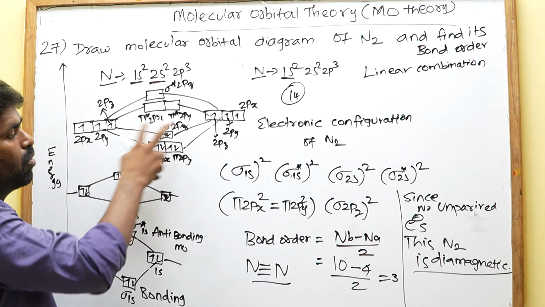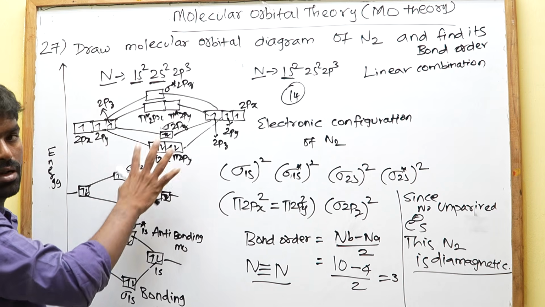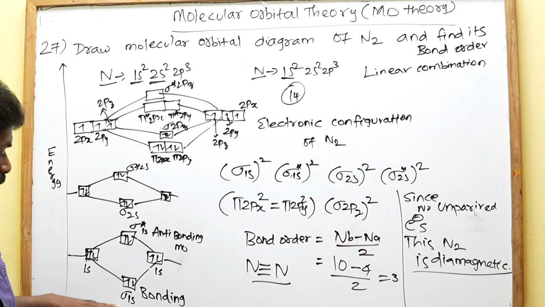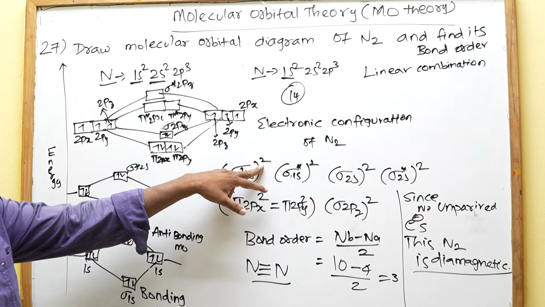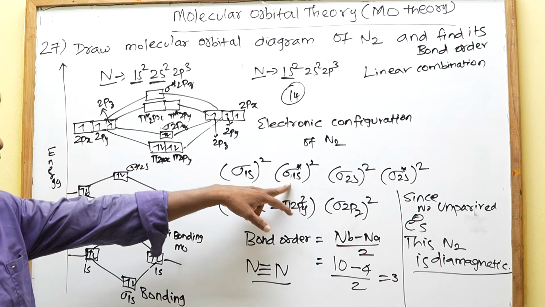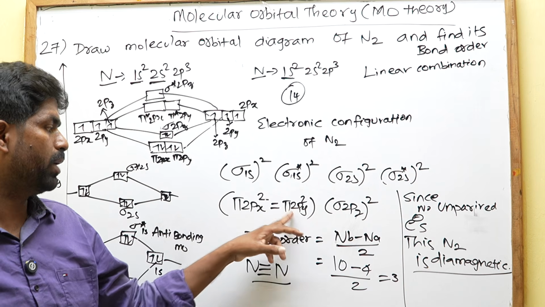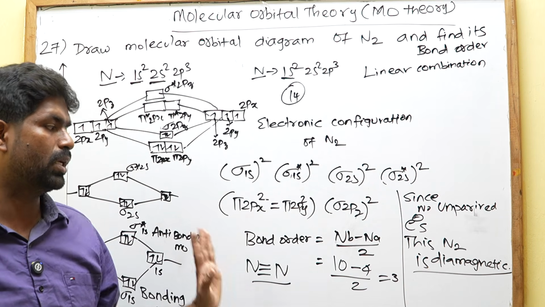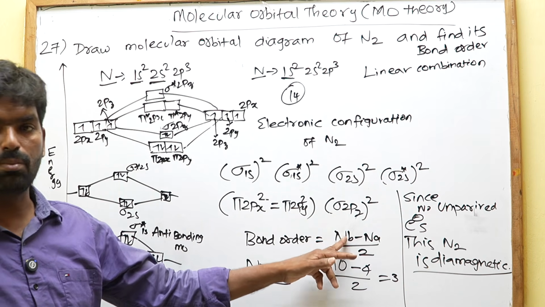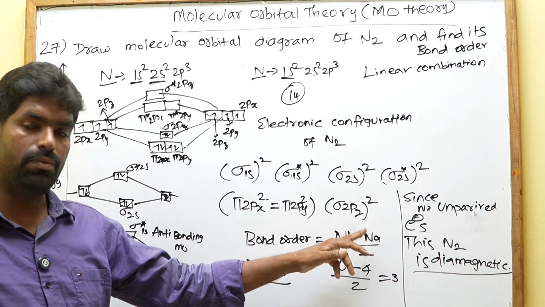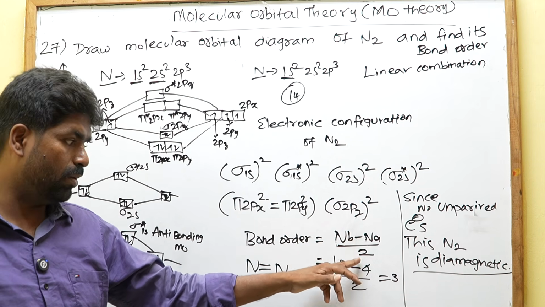The electronic configuration can be written like this: sigma 1s2, sigma star 1s2, sigma 2s2, sigma star 2s2, pi 2px2, pi 2py2, sigma 2pz2. That's it. Bond order is the number of electrons in the bonding molecular orbitals minus the number of electrons in the anti-bonding molecular orbitals, divided by 2.